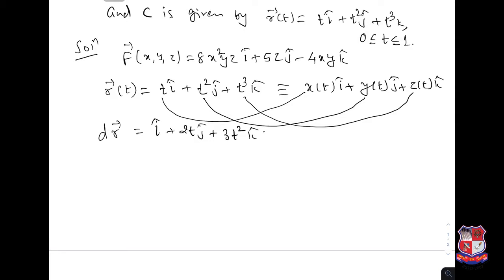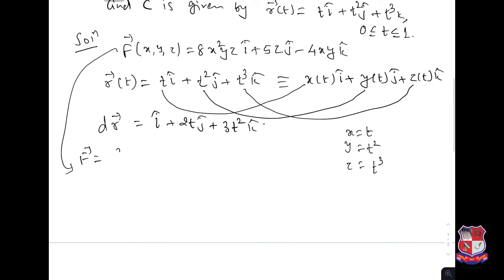Now f is 8x square yz. Now x is t, y is t square, and z is t cube.